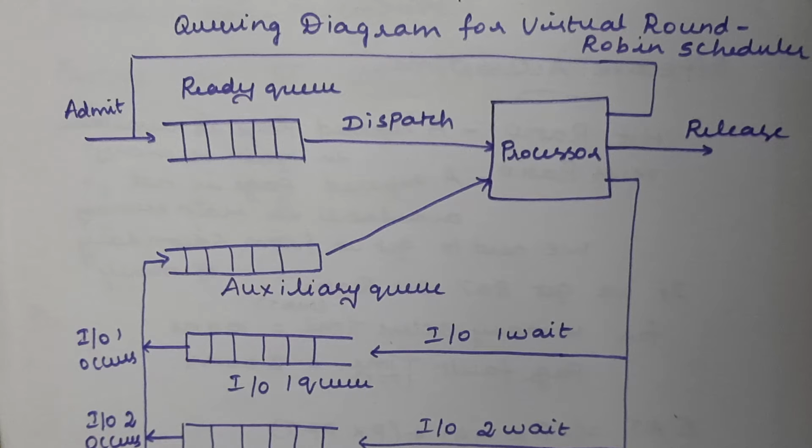So this is the difference between CPU bound and IO bound processes.